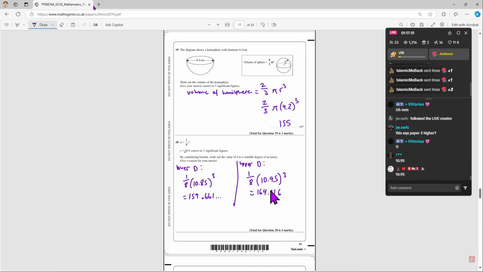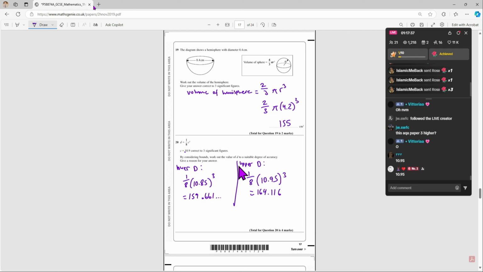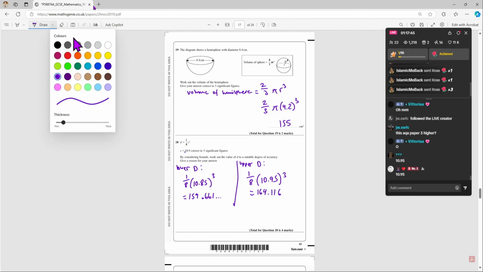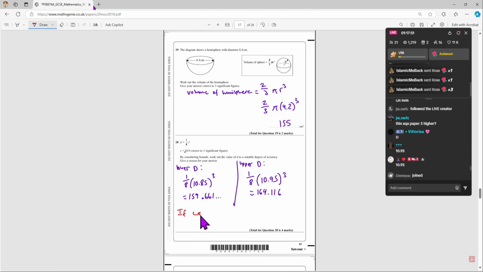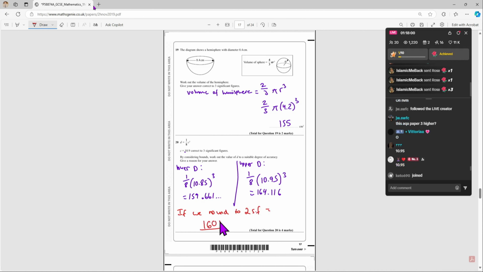Now it says we have to work out the value of D to a suitable degree of accuracy. If we round both of the numbers to 2 significant figures, you would get 160 for both of them.